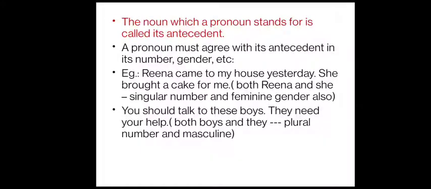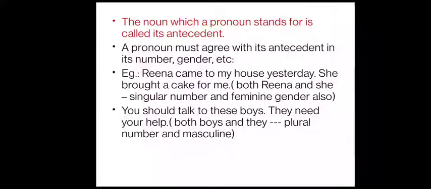Now children, the noun which a pronoun stands for is called the antecedent. Basically, a word that is used in place of a pronoun in a sentence is known as the antecedent. Okay, a pronoun must agree with its antecedent in number and gender. For example, Dina came to my house yesterday.